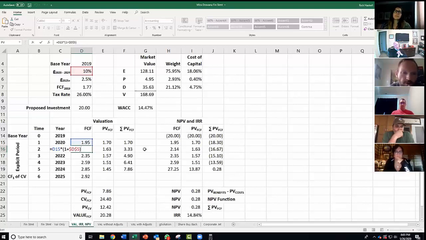I'm just trying to understand, would we have to calculate the 2020 free cash flow first before anything, right? Well, you have to calculate your column of cash flows before you do the rest of this. Yes. Okay, so all of them.